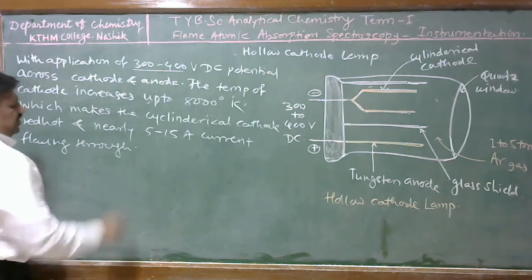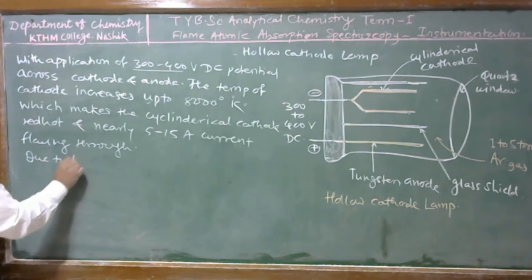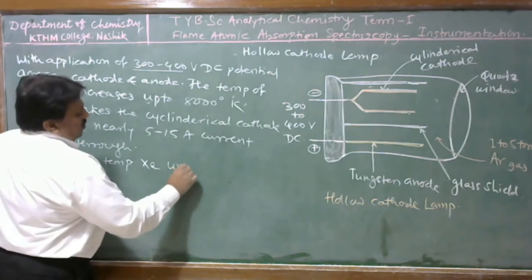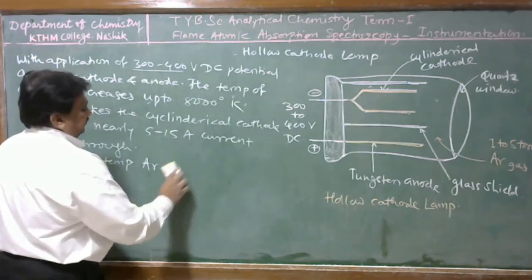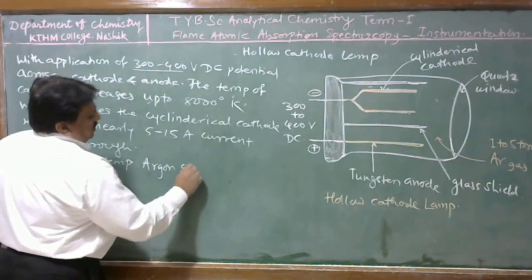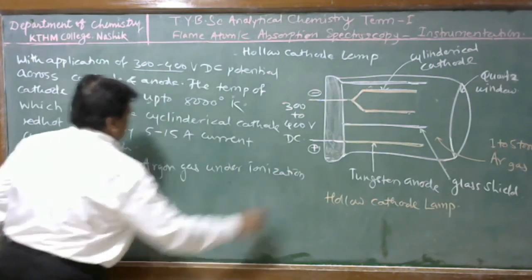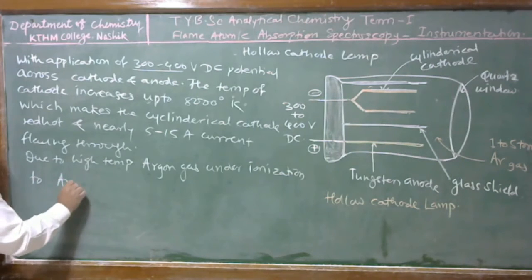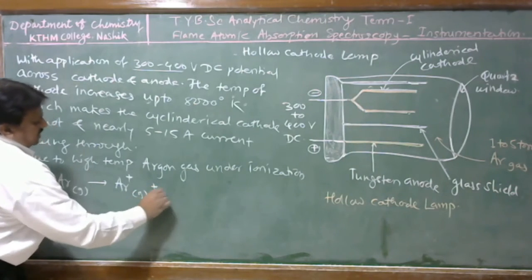Due to very high temperature, argon gas, because here we are using argon, undergoes ionization to argon cation, that is Ar gas gives Ar plus in gaseous state plus electron.